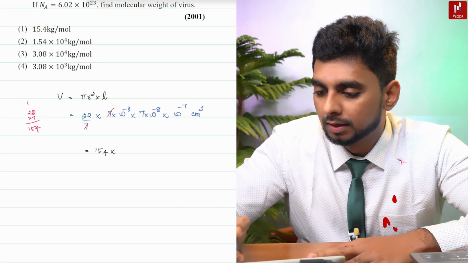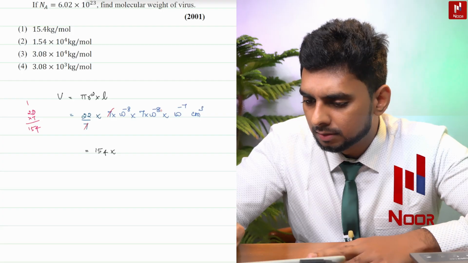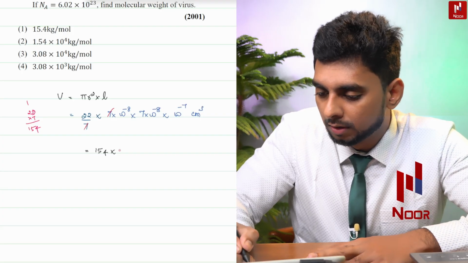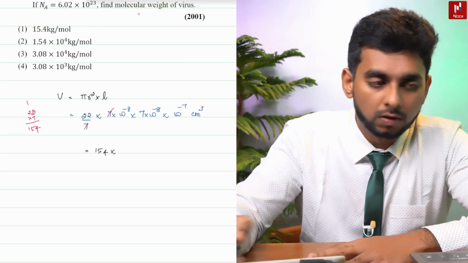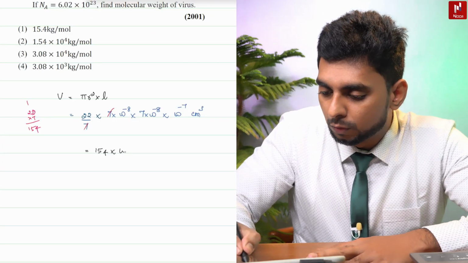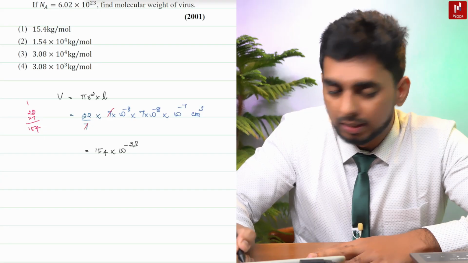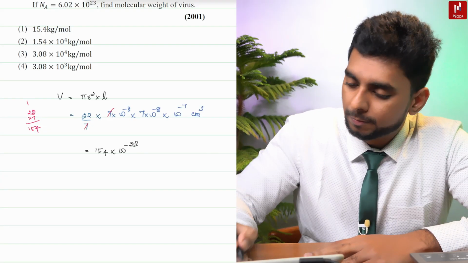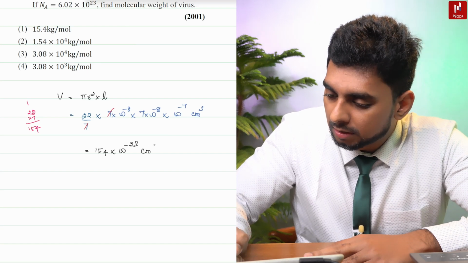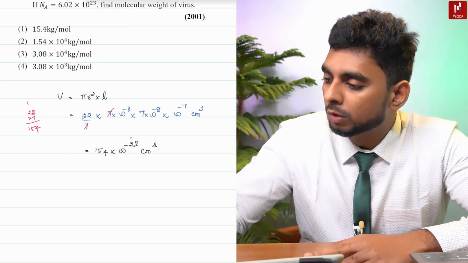Here you've got 8, 8, 16. So that's going to be 23. 154 into 10 power minus 23. So here you'll have 154 into 10 power minus 23 centimeter cube. Now I have found the volume over here.